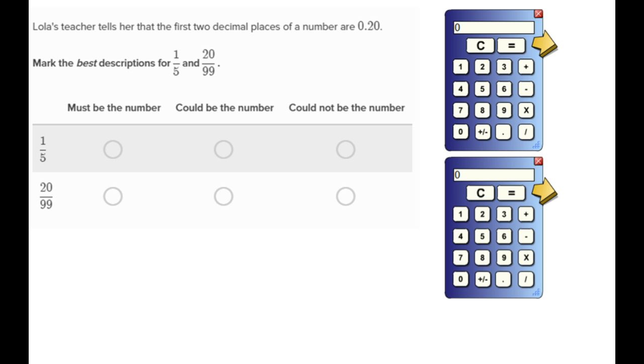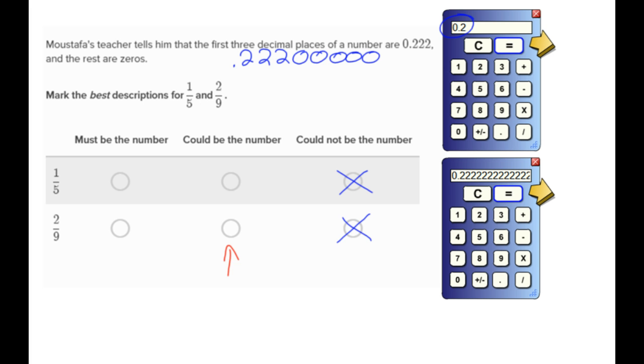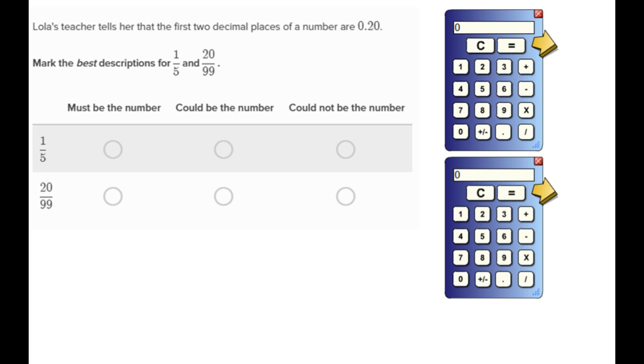Here we have, is this the same question? 1/5 and 20/99. It is slightly different. Okay, it says Lola's teacher tells her that the first 2 decimal places of a number are 0.20. Notice it's only saying the first 2, just like I talked about in the last example.